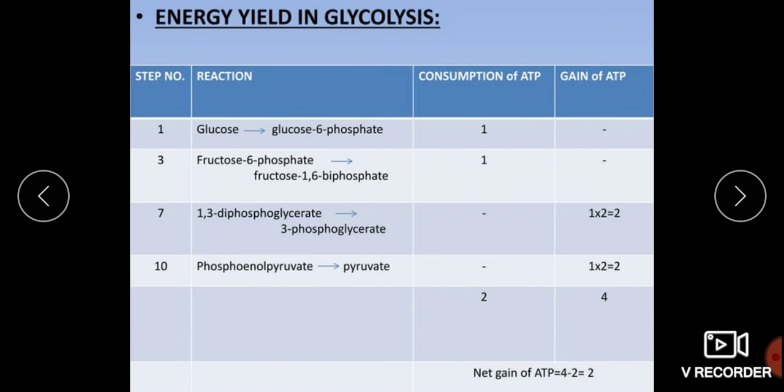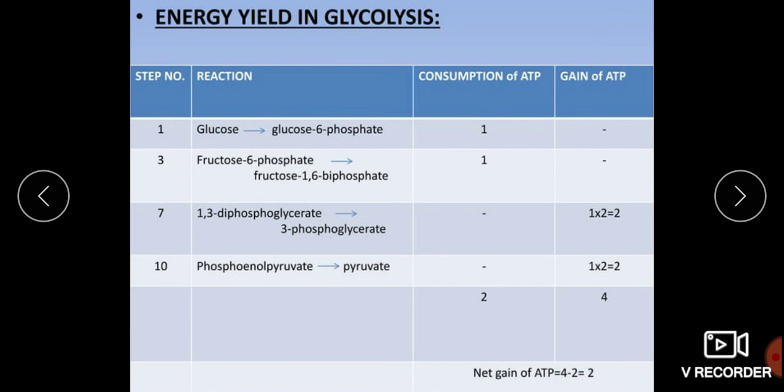Now, the energy yield in glycolysis. In the first step, there is a consumption of one ATP molecule, where glucose gets converted into glucose 6-phosphate, and the ATP is broken down into ADP and inorganic phosphate. So there is a consumption of one ATP. In the third step, fructose 6-phosphate gets converted into fructose 1,6-diphosphate. Here, a phosphorylation process is there and breakdown of ATP.